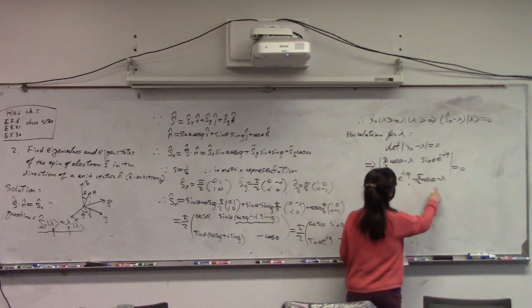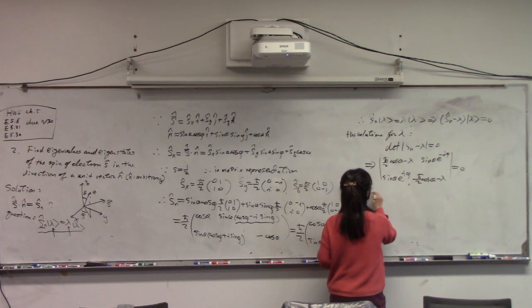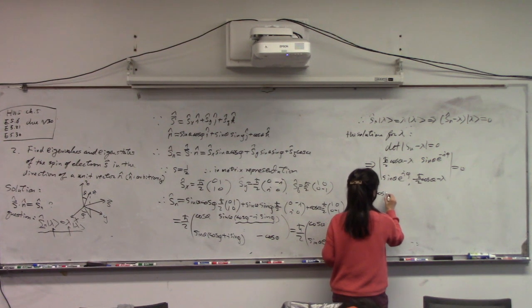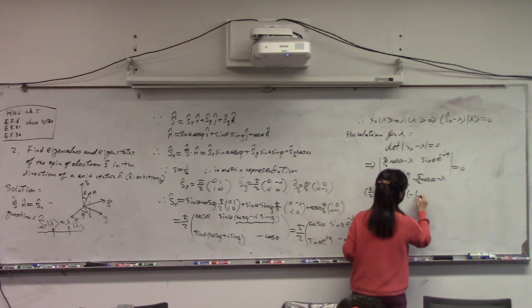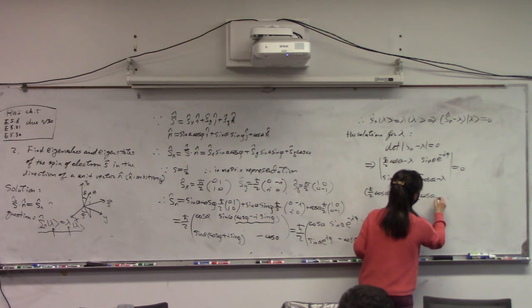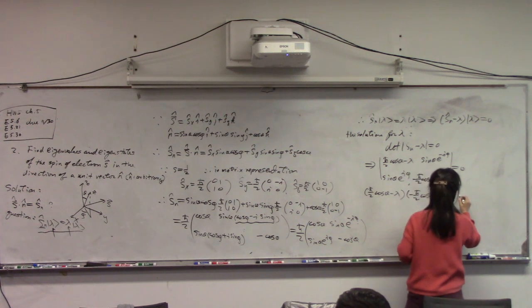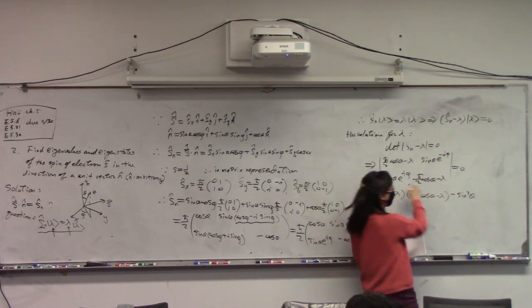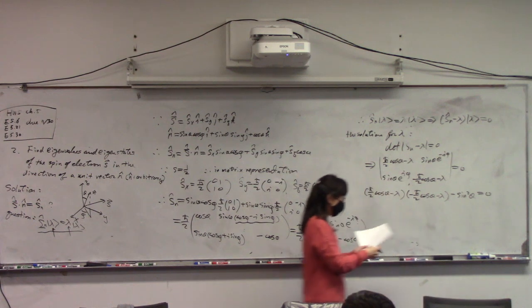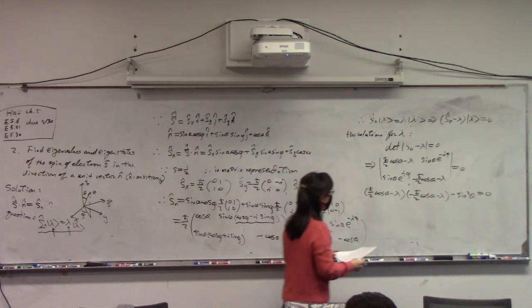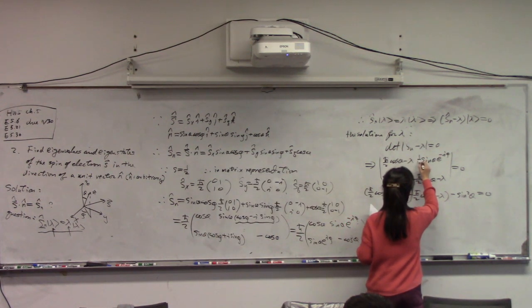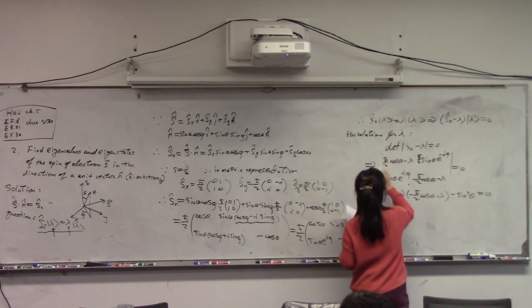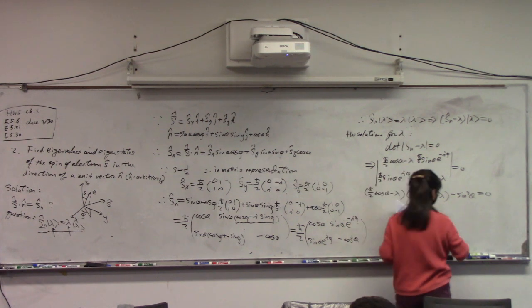Mathematically we can solve this one easily, right? So minus half h bar cosine theta minus lambda, times half h bar cosine theta minus lambda, minus sine square theta, because this is cancelled, right? Sorry, I think I also missed this one. I also missed here. I also made mistakes here.